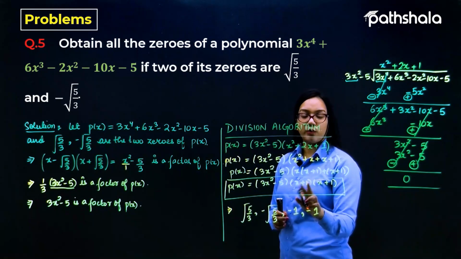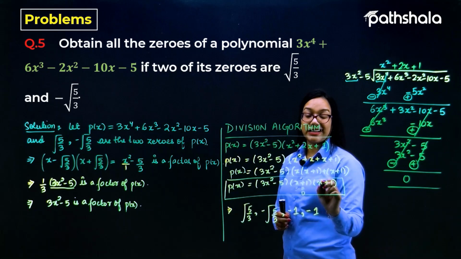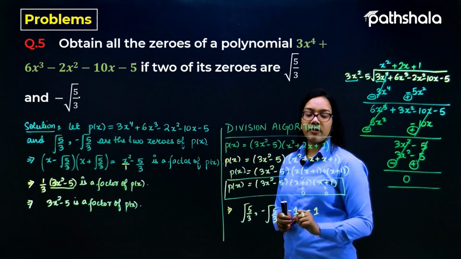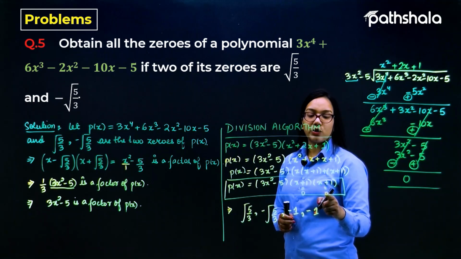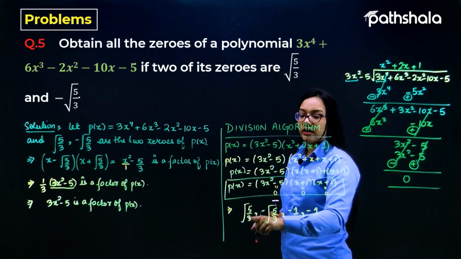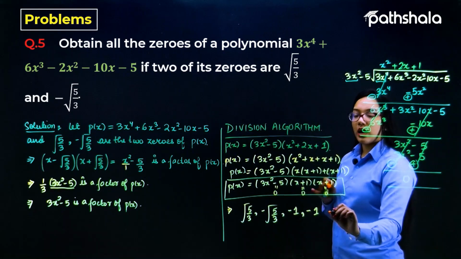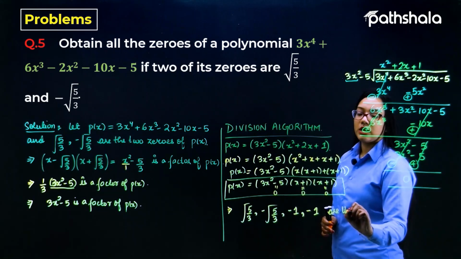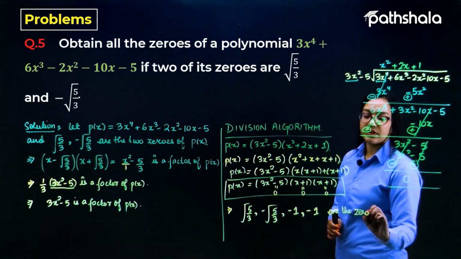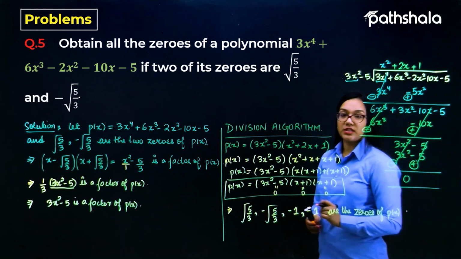If we put x plus 1 equal to 0, we get x equal to minus 1. Again, setting the other factor equal to 0, we get minus 1. Setting 3x square minus 5 equal to 0, we get root 5 by 3 and minus root 5 by 3. So these are all the zeros of the given polynomial p of x. So this is all about this question.